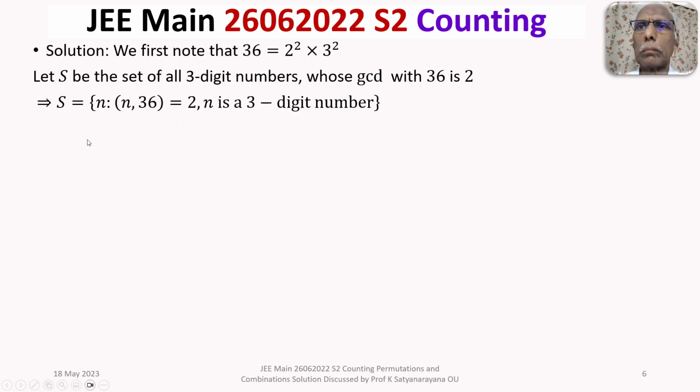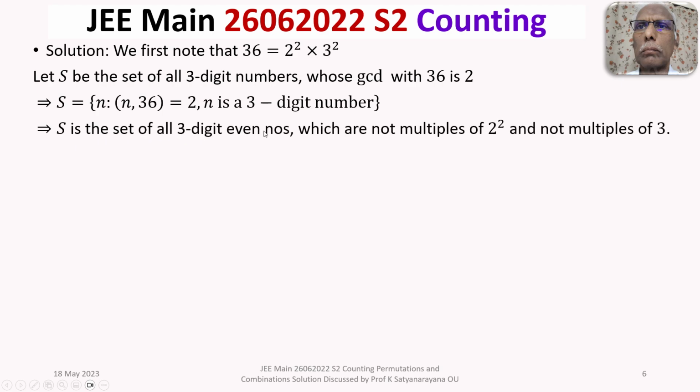And this will imply S is the set of all three-digit even numbers. Why even? Because the GCD of n, 36 is 2, that means this number n must be an even number. So because the GCD is 2, S is the set of all three-digit even numbers which are not multiples of 2 square. Why?